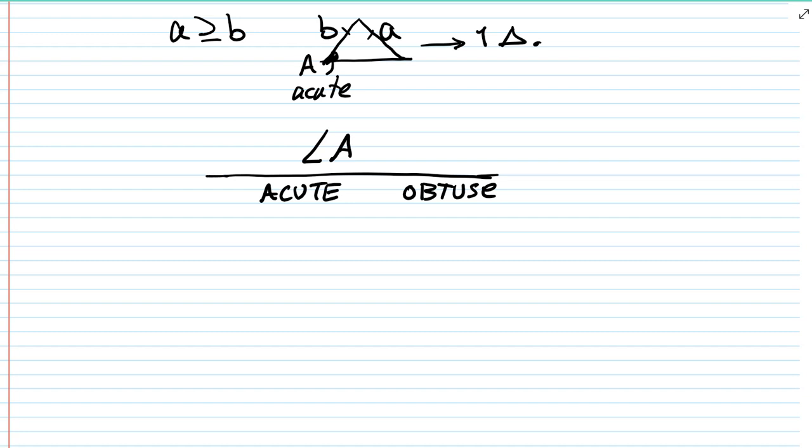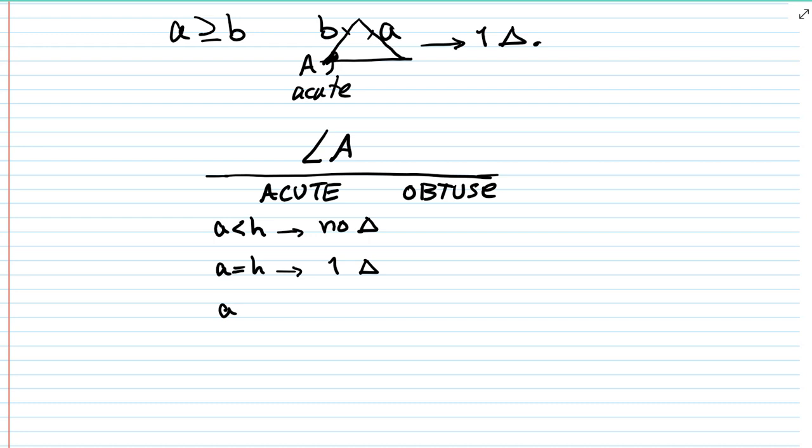If the angle A is acute, and remember, little a is the side opposite angle A. If A is less than H, we said there is no triangle. If A is equal to H, then there is one triangle.